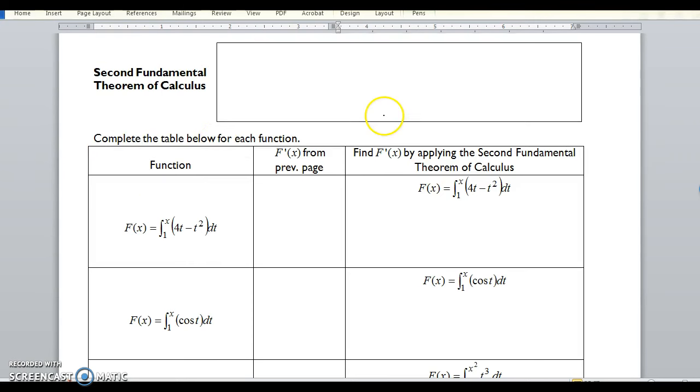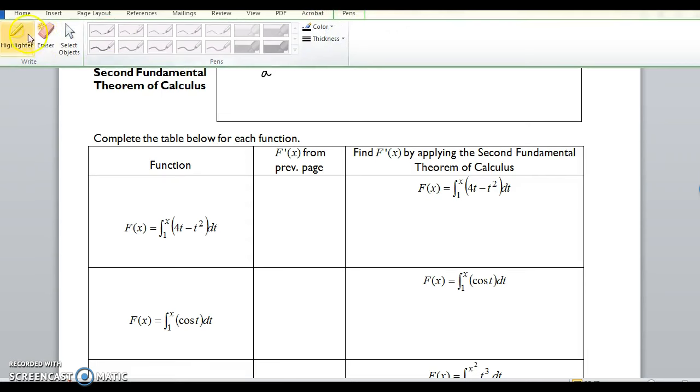So we're going to start out and just think about this type of integral. So the integral where you have a constant and a variable. So we're going to say if the integral from a to g of x of f of t dt, oh, sorry, I need to say that that's big F of x.